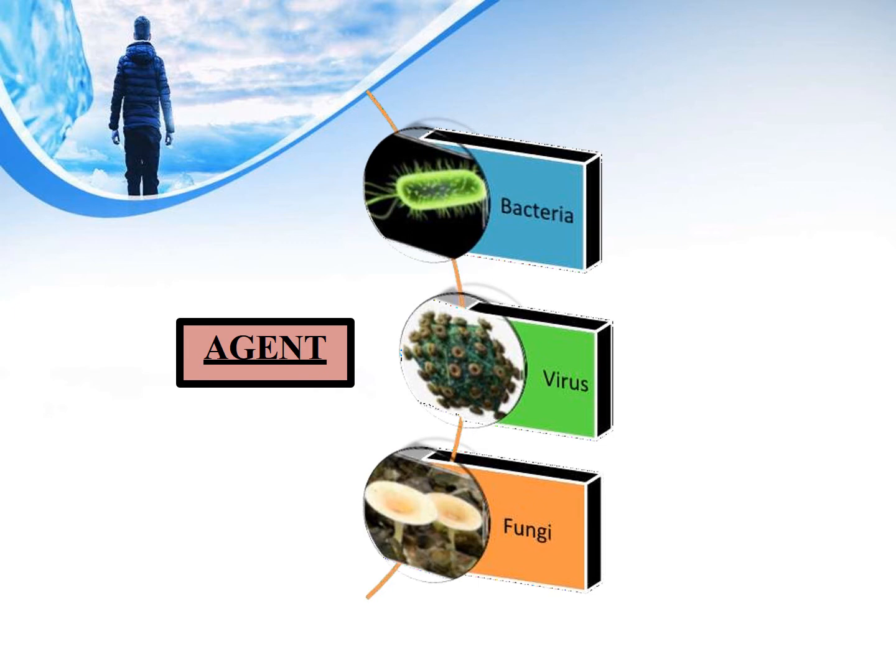Chemical agents include both endogenous and exogenous agents, inside and outside the body. They are mainly of two types. Endogenous: these chemicals are produced in the body as a result of derangement of functions.